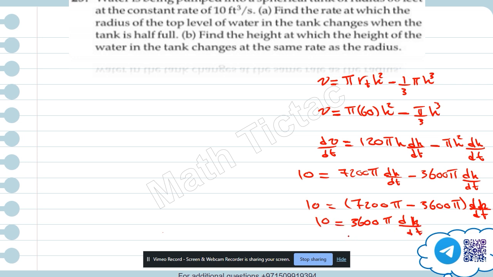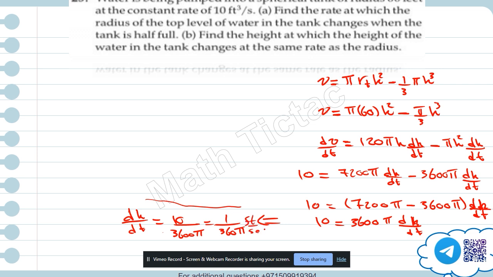Now we can say that dh over dt is equal to 10 divided by 3,600 pi, which is equal to 1 over 360 pi. This is in feet per second.